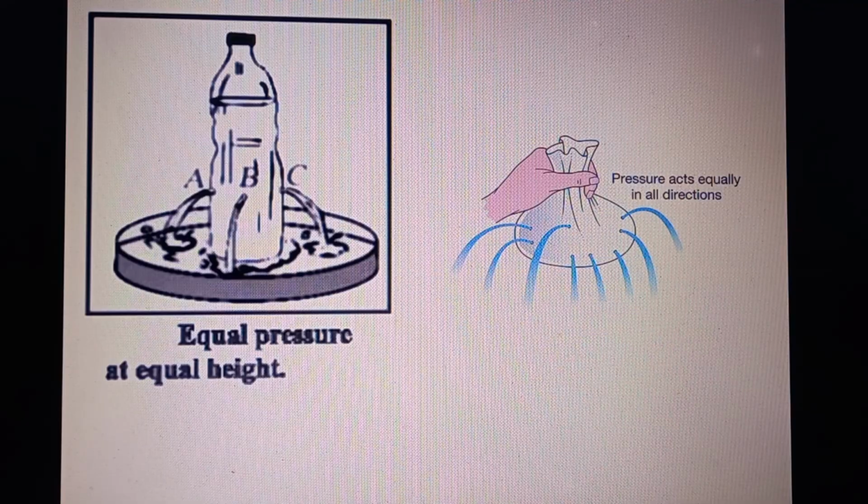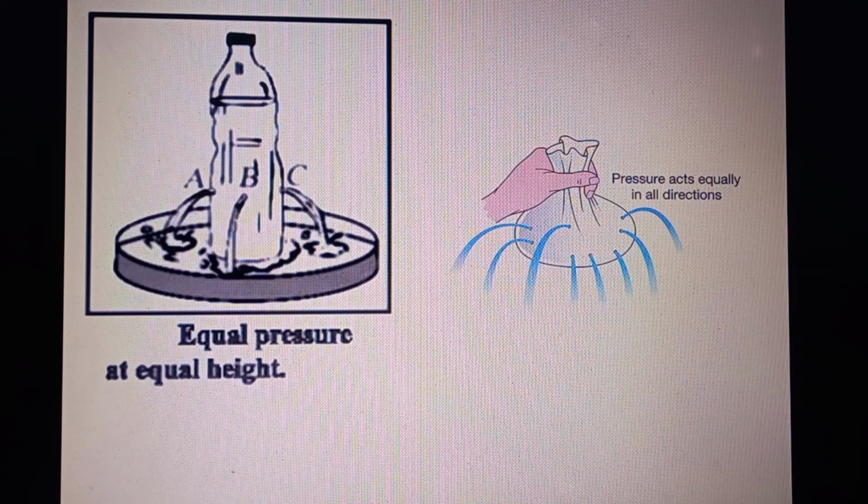And when you remove those covers from the holes, that equal pressure might have an equal height. It's because we have the same height, and we expect that the pressure of air continues to push through as long as the water continues to flow.